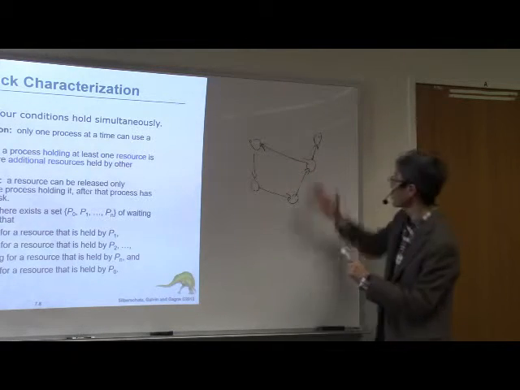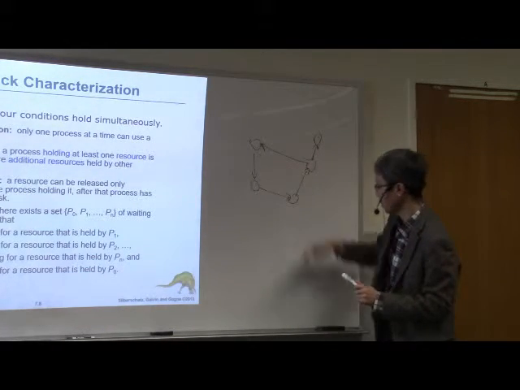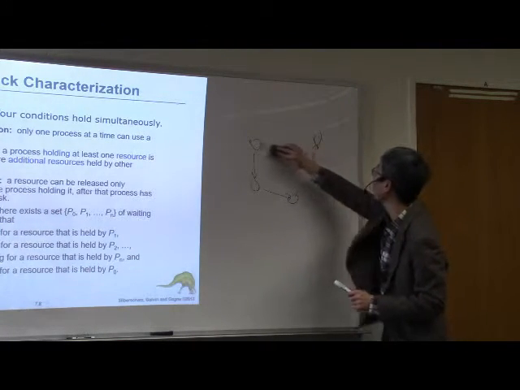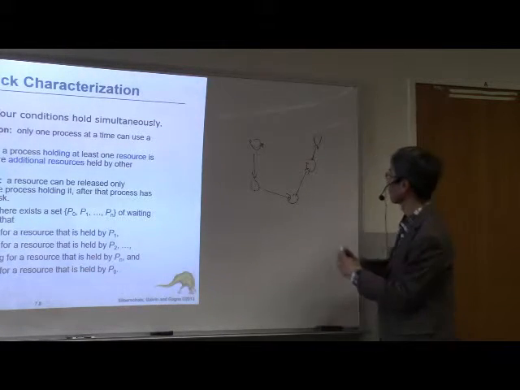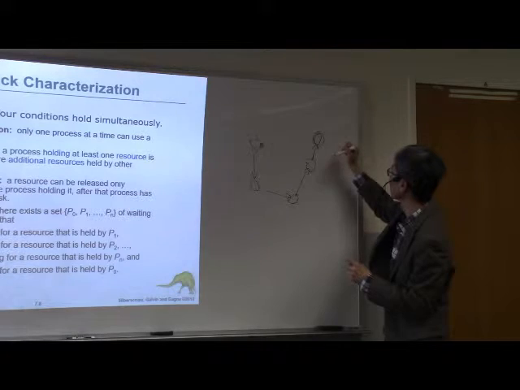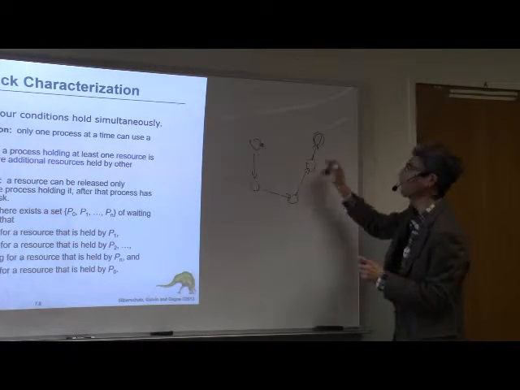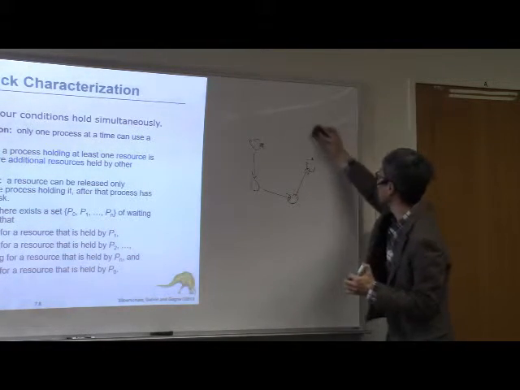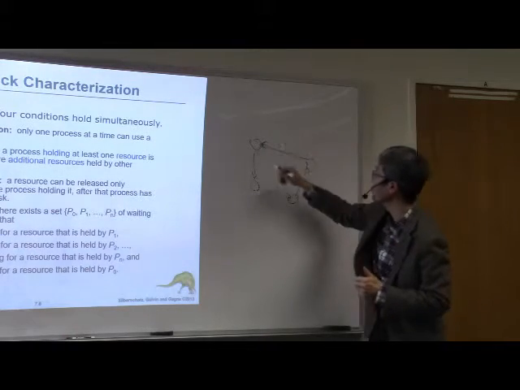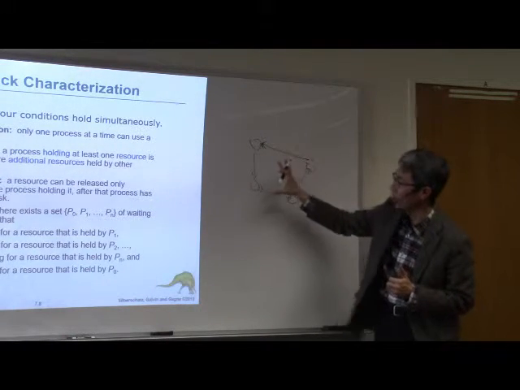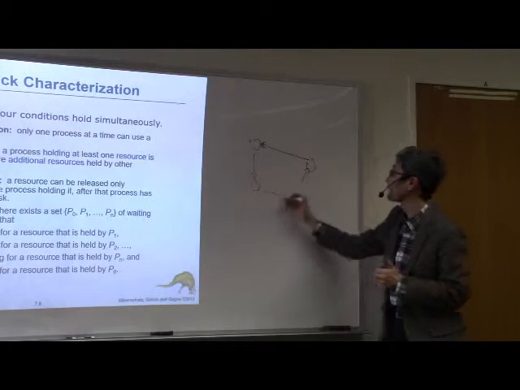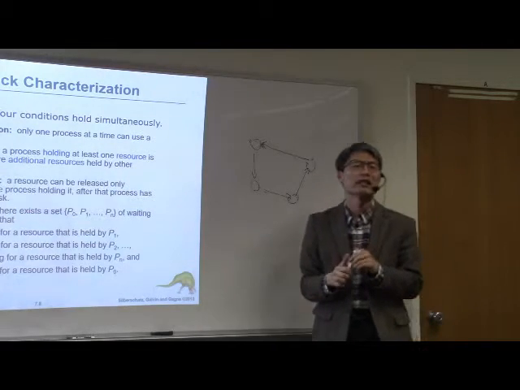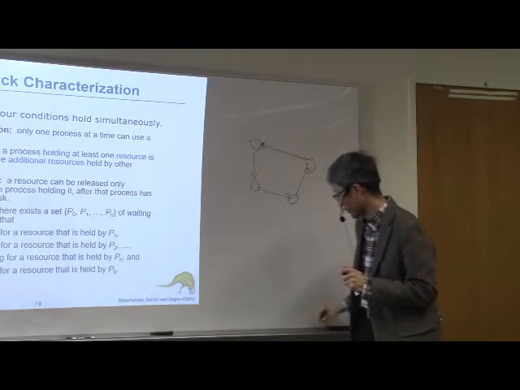So this is hold and wait, but however, this is not the deadlock. Inside the deadlock, when you check it, there is hold and wait, and they should form the circle. So every hold and wait is a circular wait as well? No, that's different. We will see an example later.